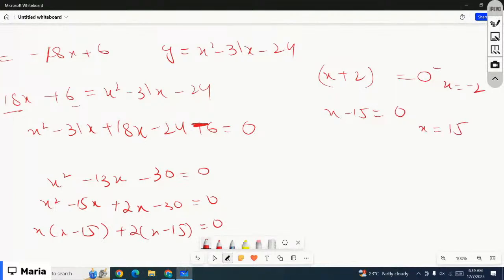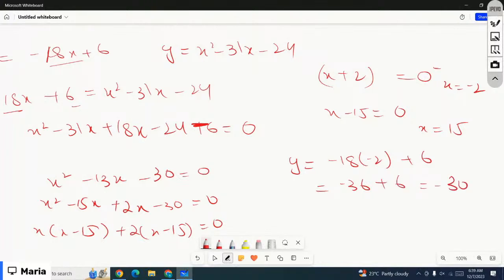So let's just put these values in both the equations to evaluate y. For the first one, it is y equals negative 18 times negative 2 plus 6, that is positive 36 plus 6, that is 42, right?